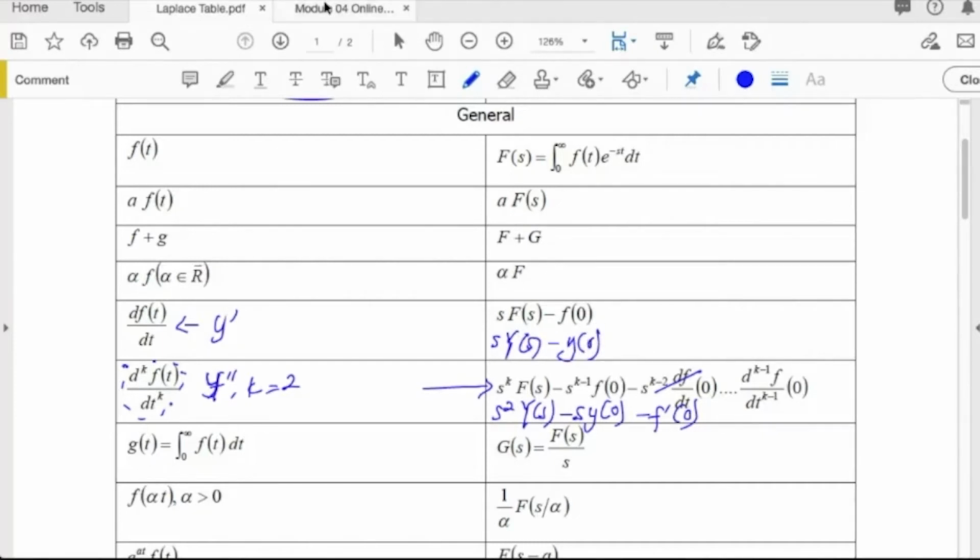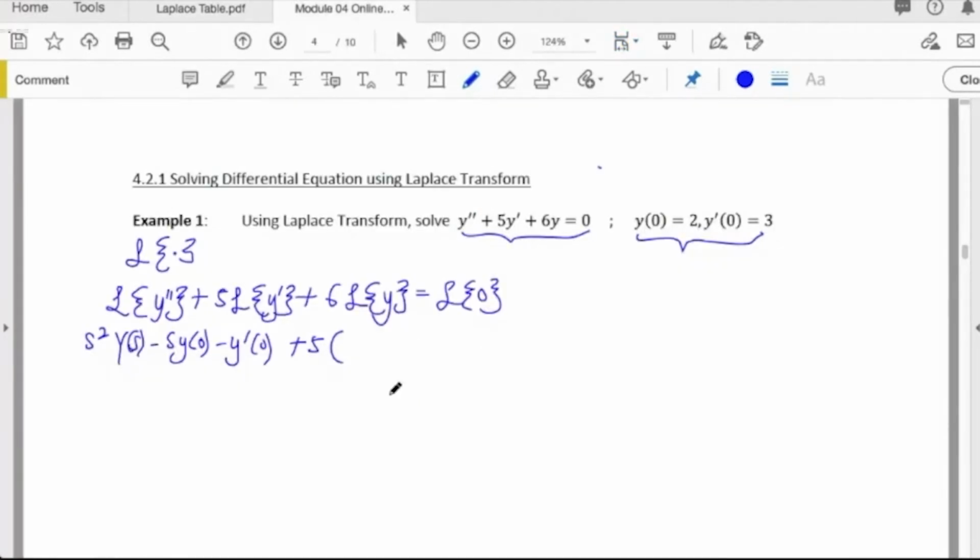So use that information to replace in the equation. You get s Y(s) minus y0, plus 6. If you transform y, you get capital Y(s). And if you transform 0, you will get 0 back.